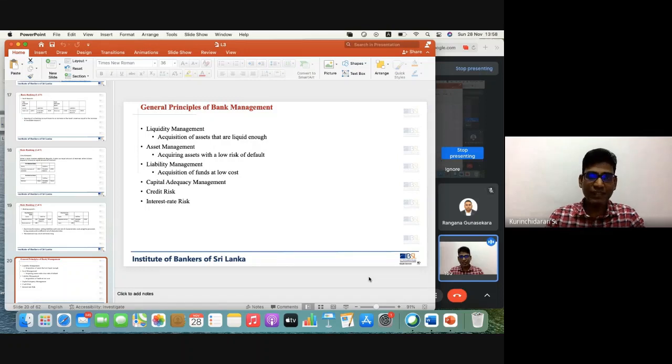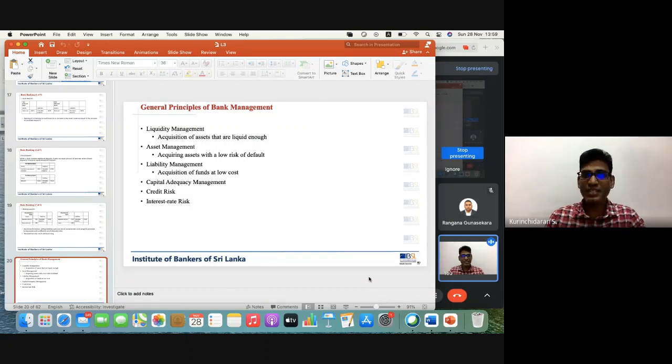Here I have given the purpose. Liquidity management is important because we have to maintain sufficient liquidity. Asset management is important, so you should always think about low risk of default. Liability management always goes with low cost funding. And you should also see whether your capital is adequate, whether you are taking credit risk more than your mitigants, and what your interest rate risk exposure is.